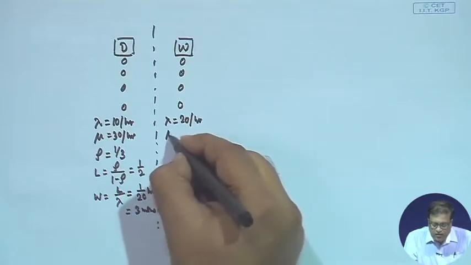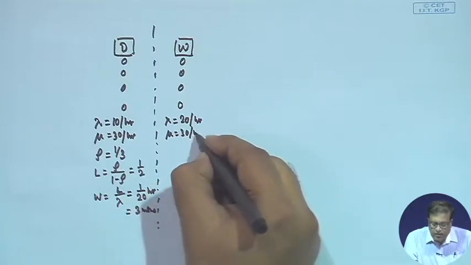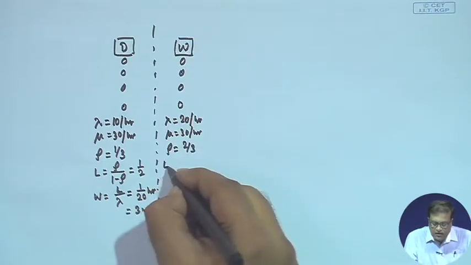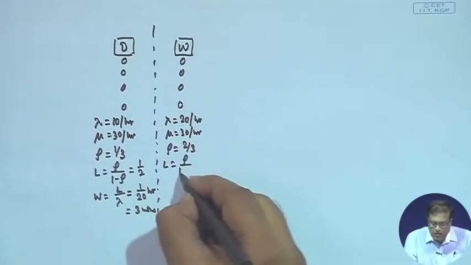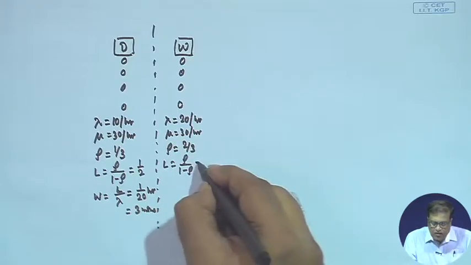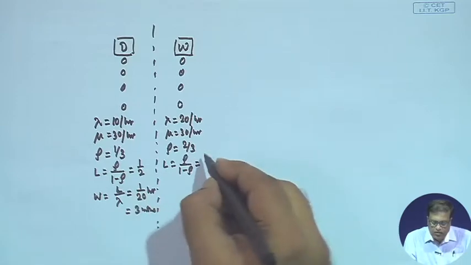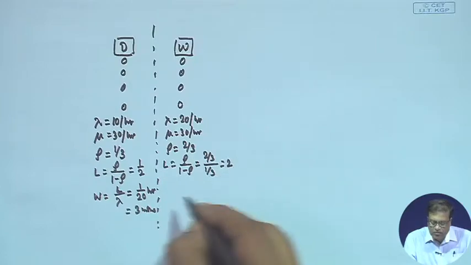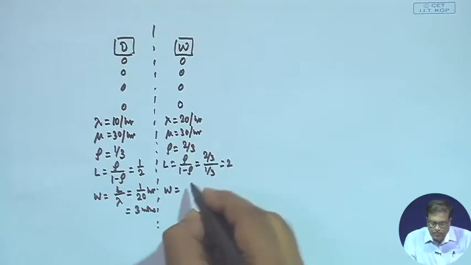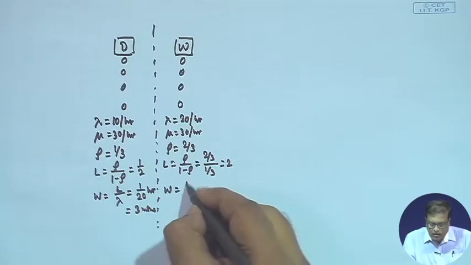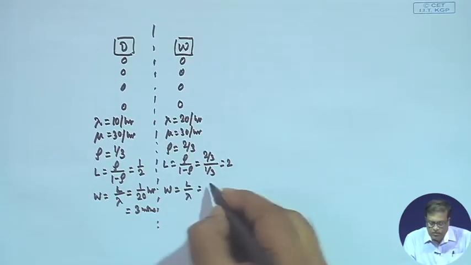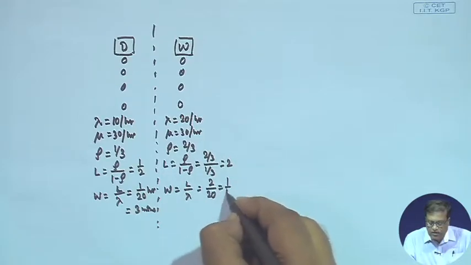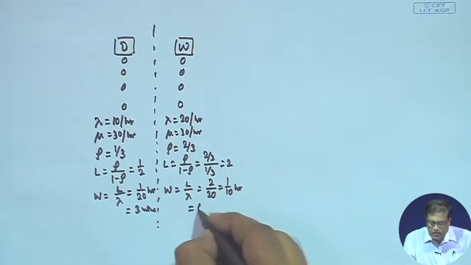For the other counter, lambda is 20 per hour, mu equal to 30 per hour, rho equal to 2 by 3, L equal to rho by 1 minus rho equal to 2 by 3 by 1 by 3 equal to 2, and W equal to L by lambda equal to 2 by 20 equal to 1 by 10 hour equal to 6 minutes.